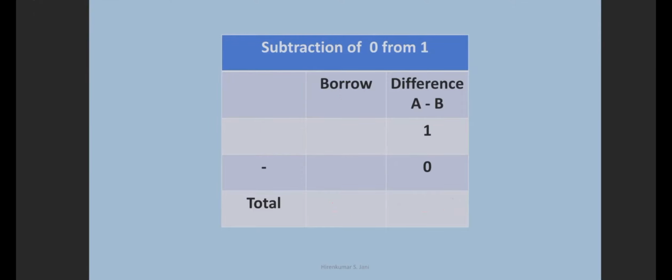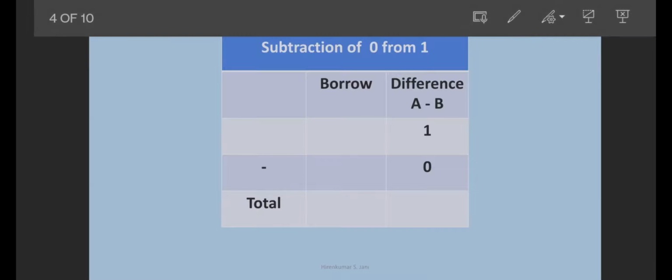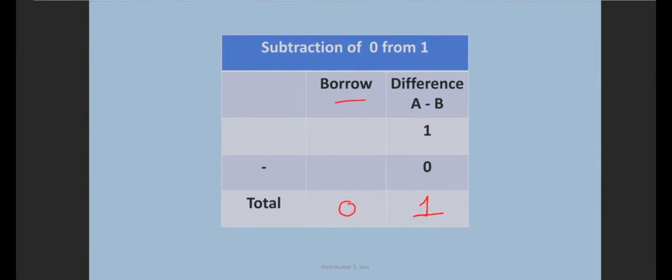Let us take the third case, subtraction of 0 from 1. In this case, we can subtract, say, easily like this. The result is 1. Since we are not taking any borrow, for the borrow we will have 0. Now let us go for the next case.